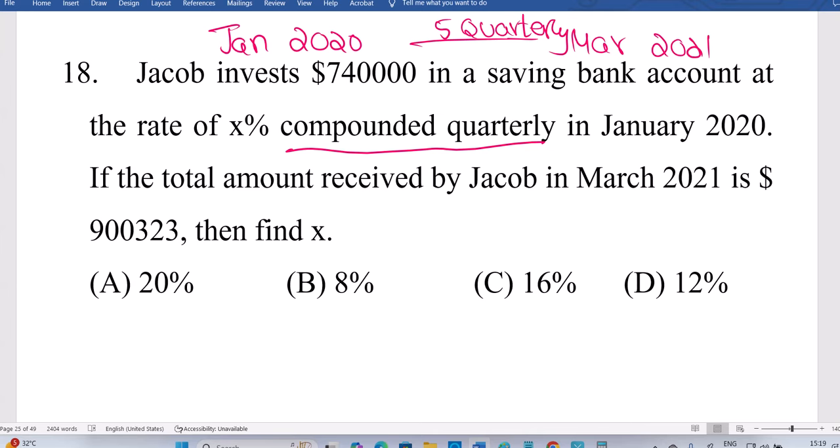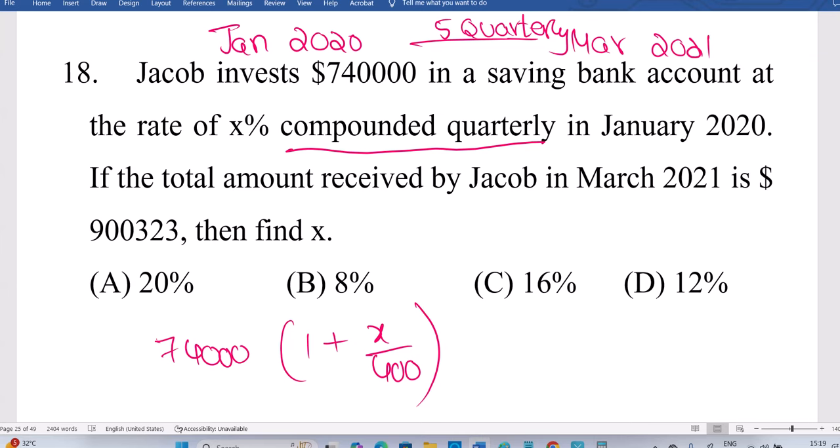Then what you have to do is, listen, 74,000 into 100, 1 plus x by 400. Why 400? Generally it's x by 100. 400 because quarterly. Yearly your increment is x, so quarterly is x by 4.